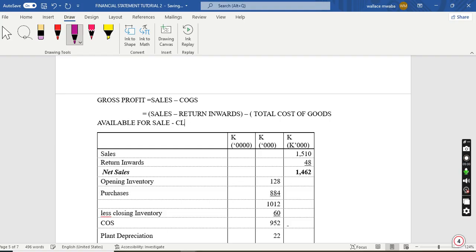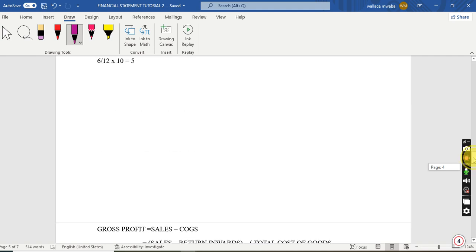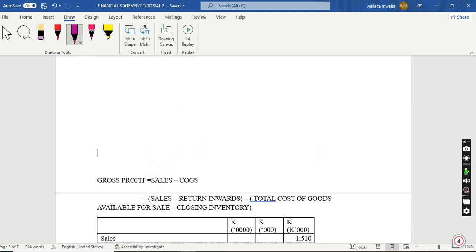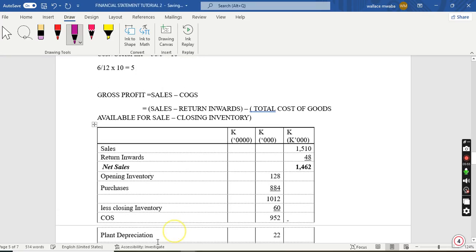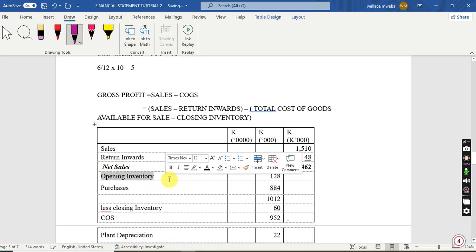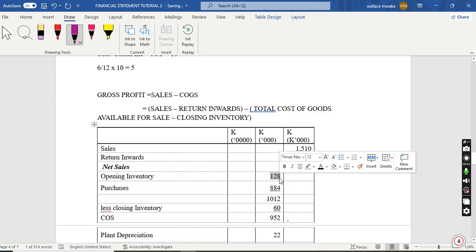That's how you get your cost of goods sold. So first thing first, we need to get this total cost of goods available for sale. You start with your opening inventory, the goods that you began with at the beginning of the year. These are the goods you start with.